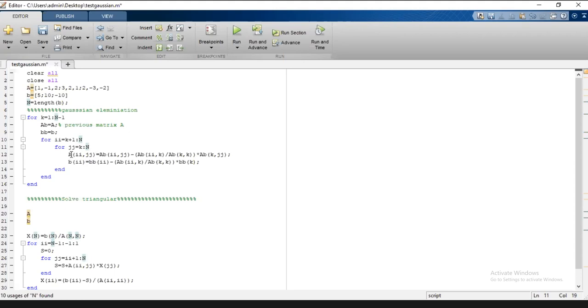And then you just apply the formula: Aij is equal to the previous Aij minus Aik over Akk multiplied by Akj. The same thing for the vector B: Bi is equal to Bi minus Aik over Akk times Bk. And then here I get my matrix A and my vector B.